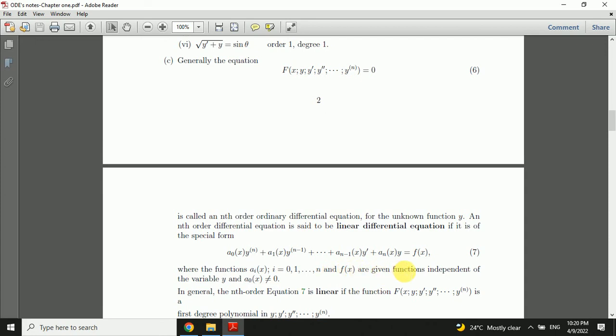That's why I'm saying that these functions are independent of the variable y. So these can only be functions of the variable which we have, or they can only be constants. For example, you can have a 6 here, or a 1, a 2. So they can only be functions of x or constants. So if you have such an equation of this form, then we say it is a linear differential equation.